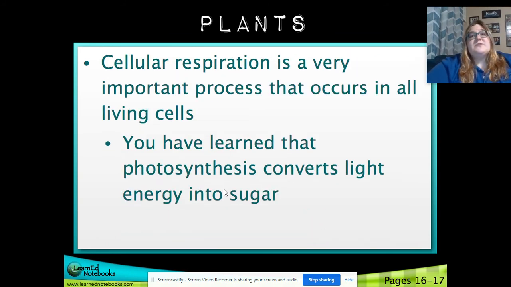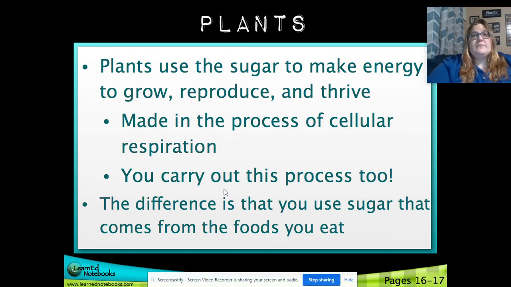Okay, cellular respiration is a very important process that occurs in all living cells. You have learned that photosynthesis converts light into sugar, but then how do we use that sugar? Plants use sugar to make energy to grow, reproduce, and thrive. It is made in the process of cellular respiration. We do this too.